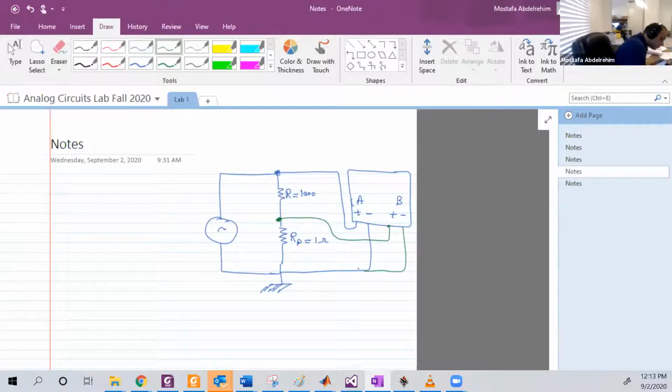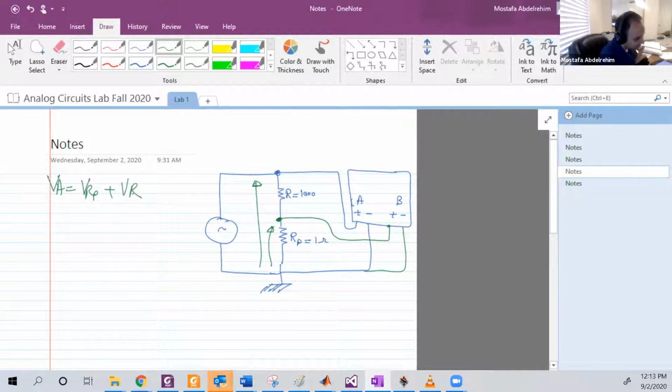So channel B is still measuring the voltage across RB, which is equal to the current because the resistor is 1 ohm. But channel A is now measuring this whole voltage. So VA is equal to VRB plus VR.